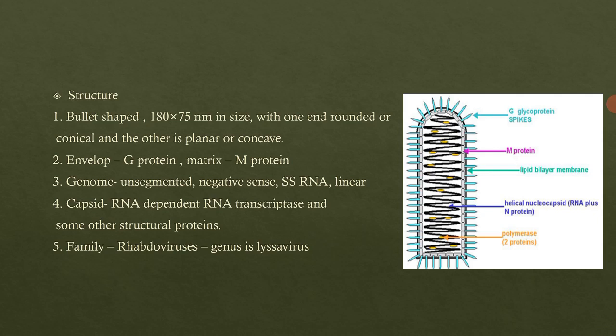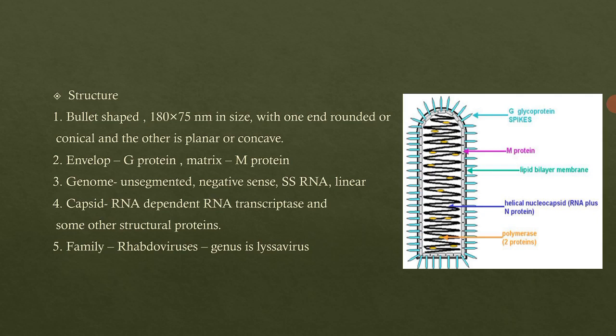Rabies disease is inflammation of the brain, that is, it causes encephalitis. So it is very much in contact with the CNS, the central nervous system, right? And therefore the G protein helps the virus reach the site of infection. The properties of each protein we will study in the later slides.